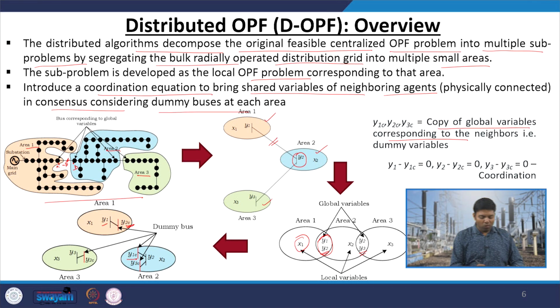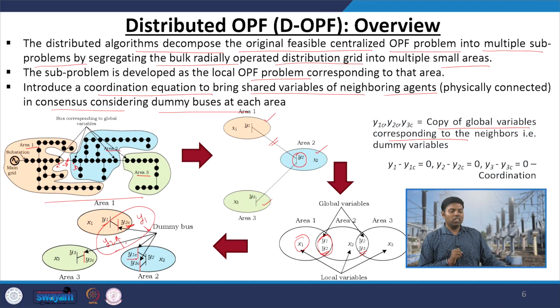So, if area 1 sends its y1 value to area 2 and area 2 sends its y2 value to area 1, and they can reach consensus with this y1 and y2, then you can say that your optimality has been restored. So, this is your y1 minus y1c, y2 minus y2c and y3 minus y3c.